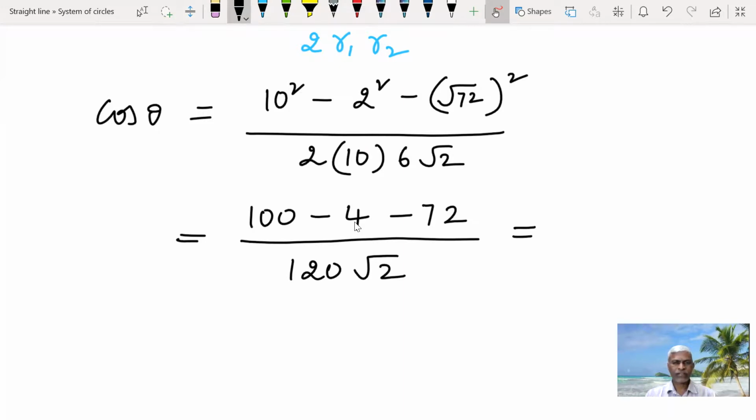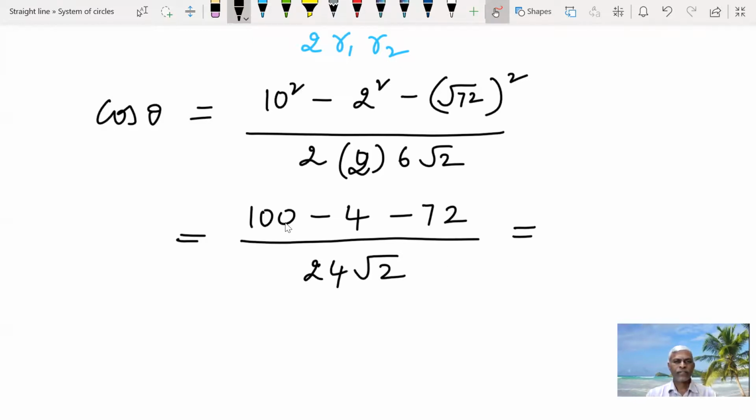100 minus 4 minus 72, that is minus 76. Here, R1 value is 2, that is 2 into 6, 2 into 2 is 4, 4 into 6 is 24. 2 into 2 is 4, 4 into 6 is 24 root 2.